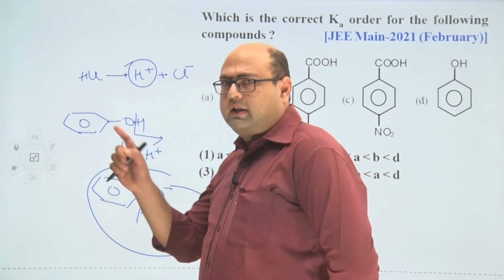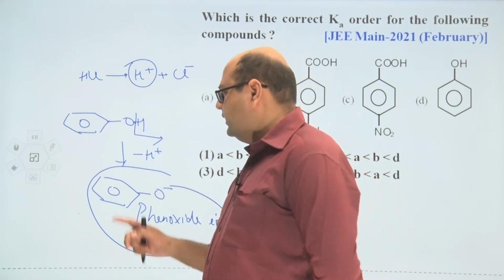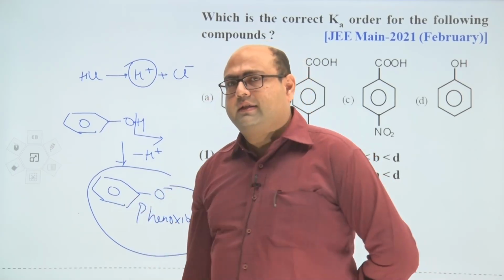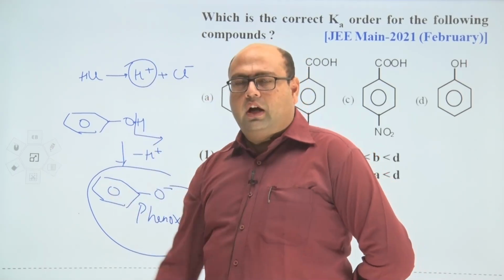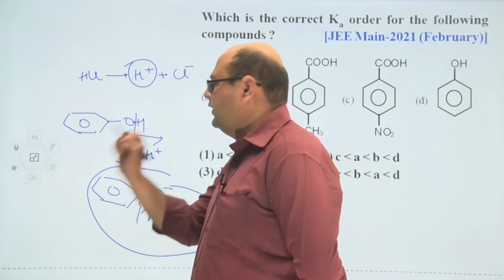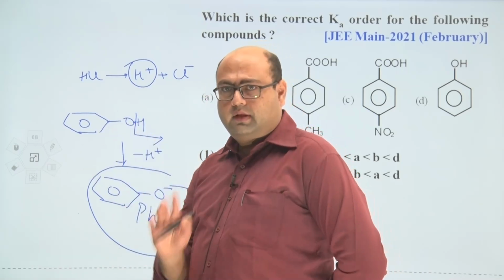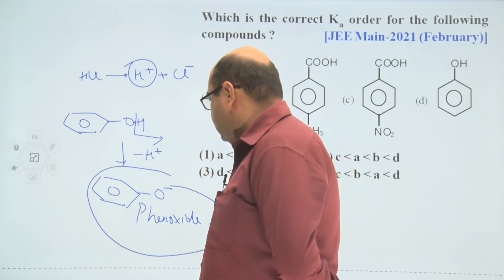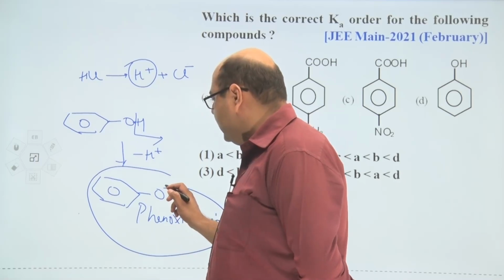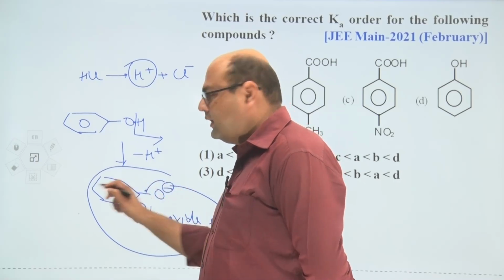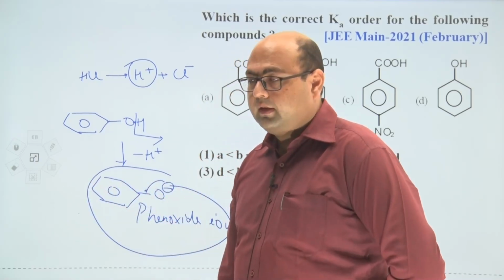We will move on to the question, but first you should understand this concept. I am saying if this phenoxide ion is stable, if by any how it is stable, then this phenol will be a good acid. Just for understanding. We can see here in this phenoxide ion, the negative charge on oxygen will take part in resonance in this ring.